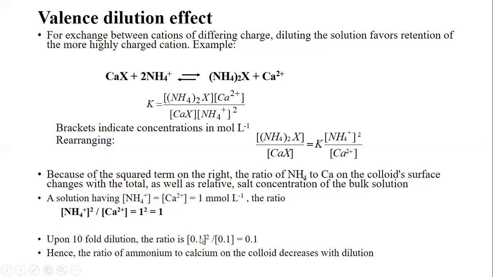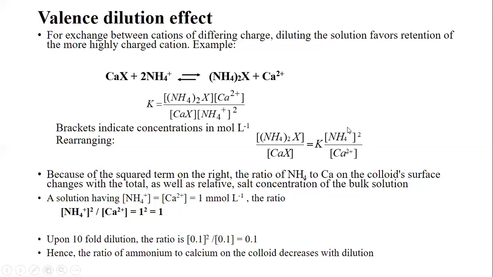Remember, ammonium square, so we square 0.1 over 0.1, and you end up with 0.1. Before, it was 1 square over 1; here, 0.1 square over 0.1 equals 0.1. Remember, we diluted 10 times. Now the ratio is 0.1.